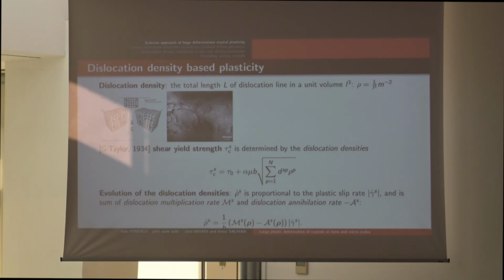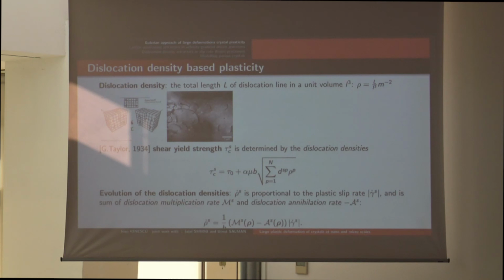It's not so simple to measure, but we can do it. The shear yield stress is expressed like that, for instance. And we have another equation for the evolution of the dislocation density, which has two parts: the multiplication part and the annihilation part.